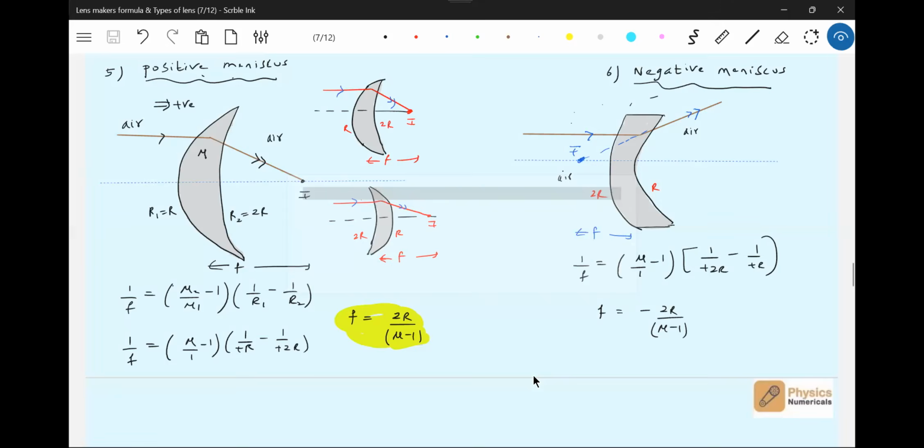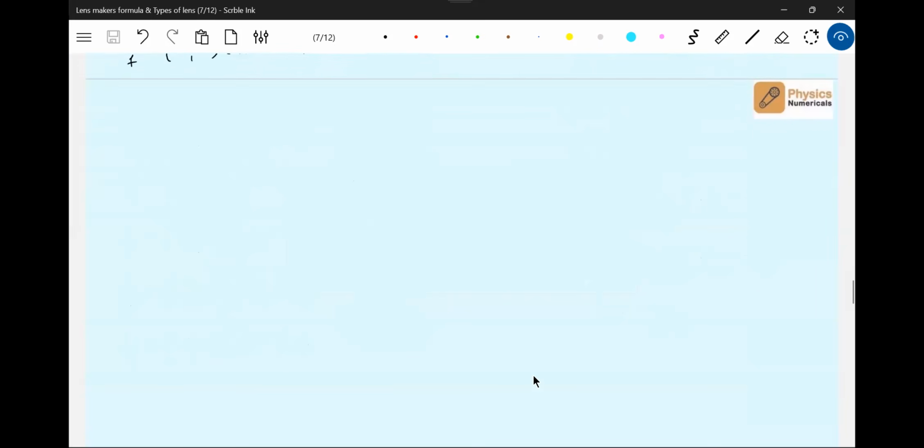Okay, next, if the medium on either side of the lens is different, what about the focal length in that case?